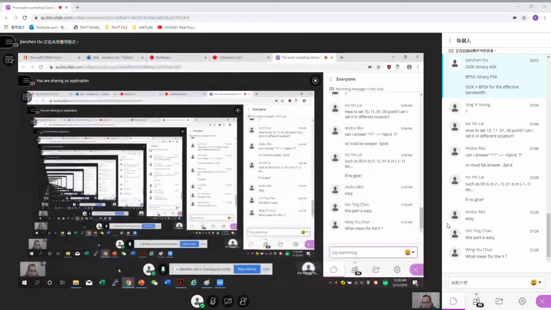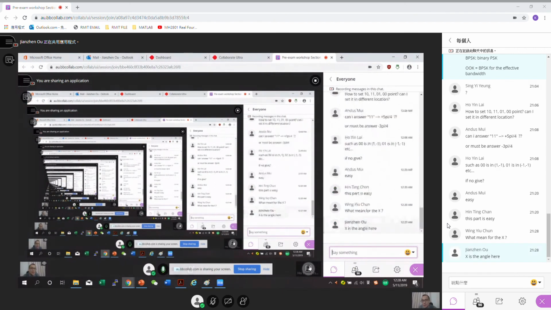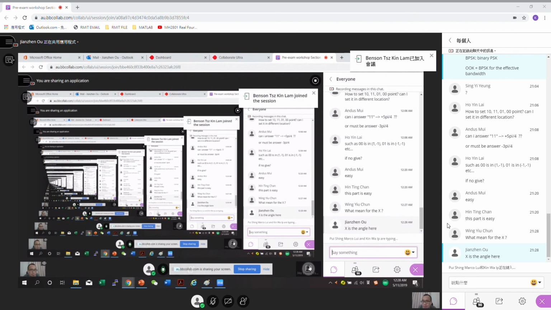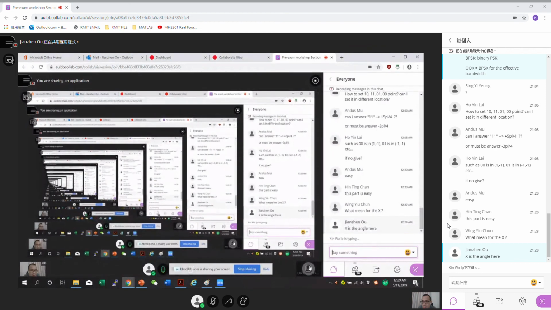Okay, so our x is a degree, it's an angle. It's the angle here. I'm just using x as an example because I can't type theta in the Adobe Reader.